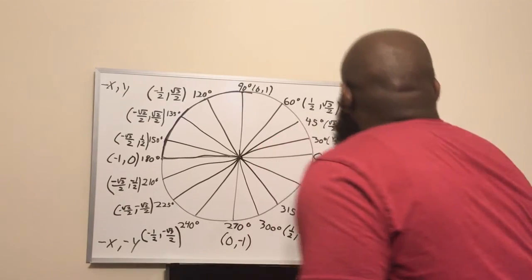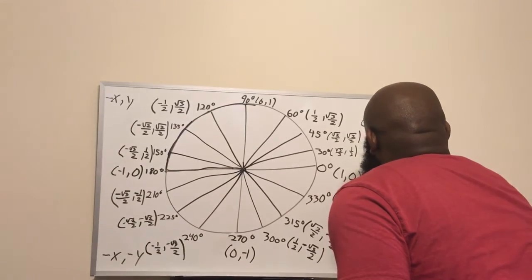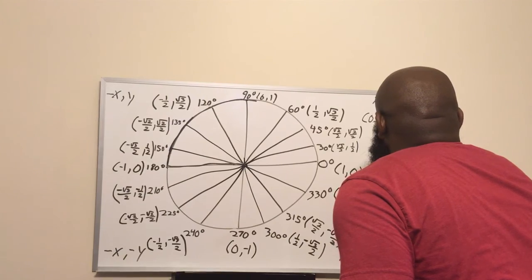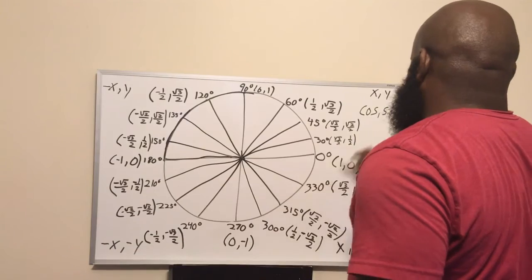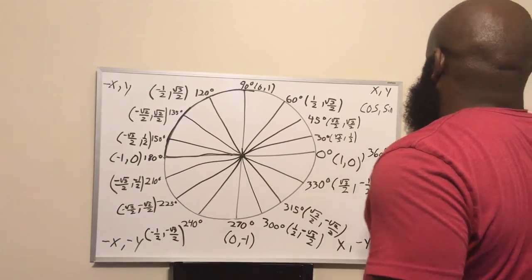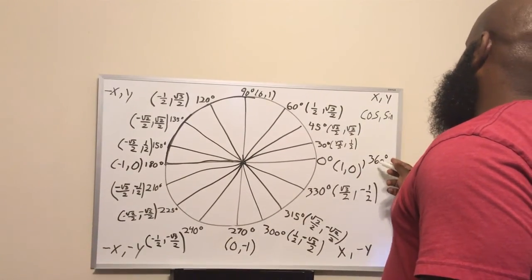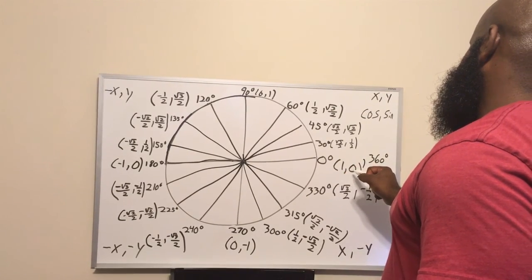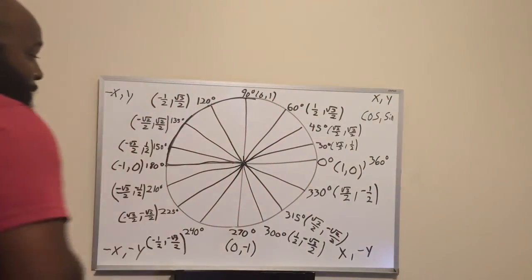On this one, your cosine is √3/2, and your sine is -1/2. And then we're back to 0, but at this point we say 360 degrees. A full circle is 360 degrees, and the points are the same as 0 degrees. You have a cosine of 1 and a sine of 0. So this completes the entire unit circle.